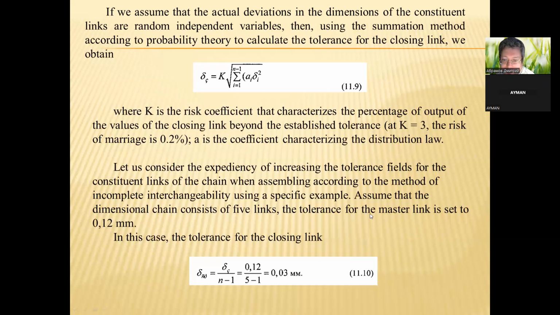The tolerance for the master link or closing link is set to 0.12 millimeters. In this case, the tolerance for the closing link will be calculated by the formula. We use 0.12 millimeters, the tolerance of the closing link or master link. The number of links is five, 5 minus 1, and we have 0.03 millimeters.